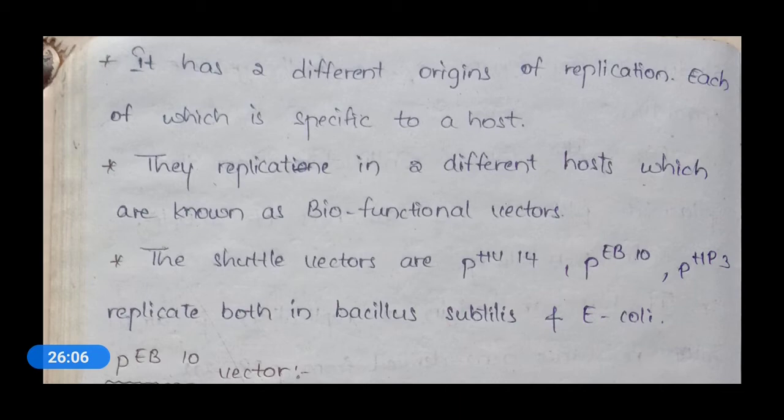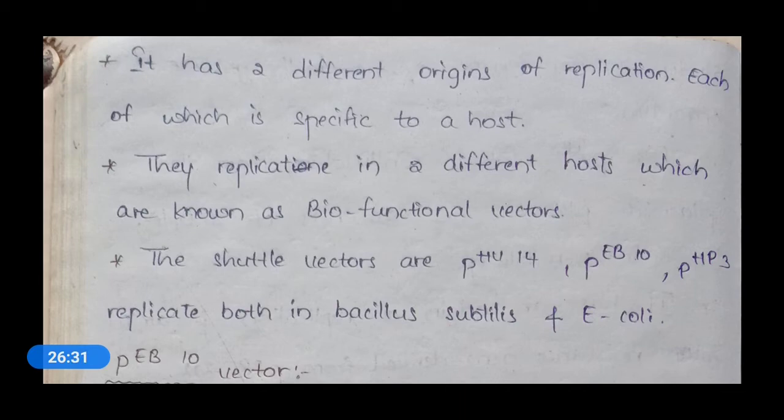The origin of replication of Bacillus subtilis will not act in E. coli, whereas the origin of replication in E. coli will not act in Bacillus subtilis. So these are host specific. They replicate in two different hosts, which are known as bifunctional vectors.